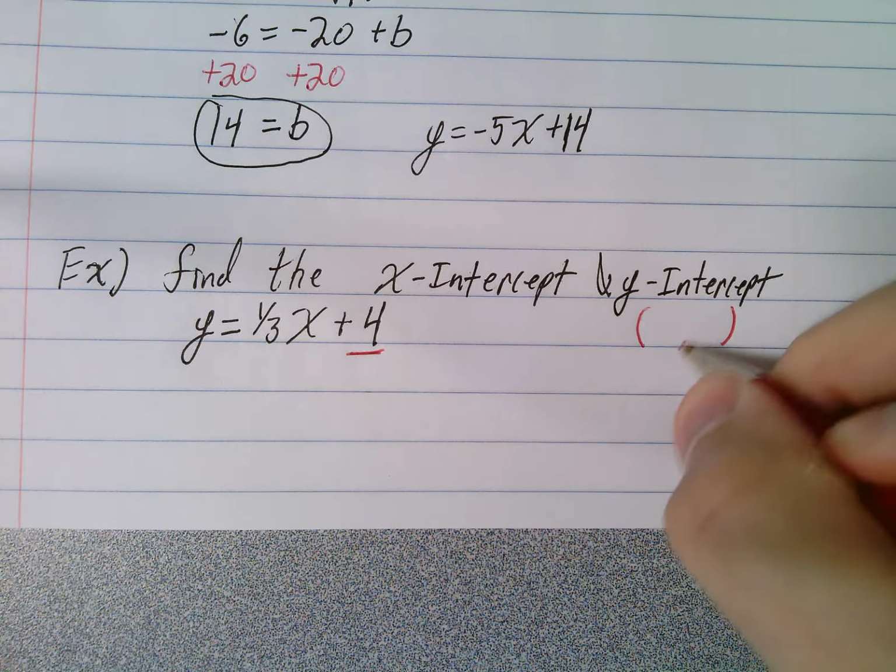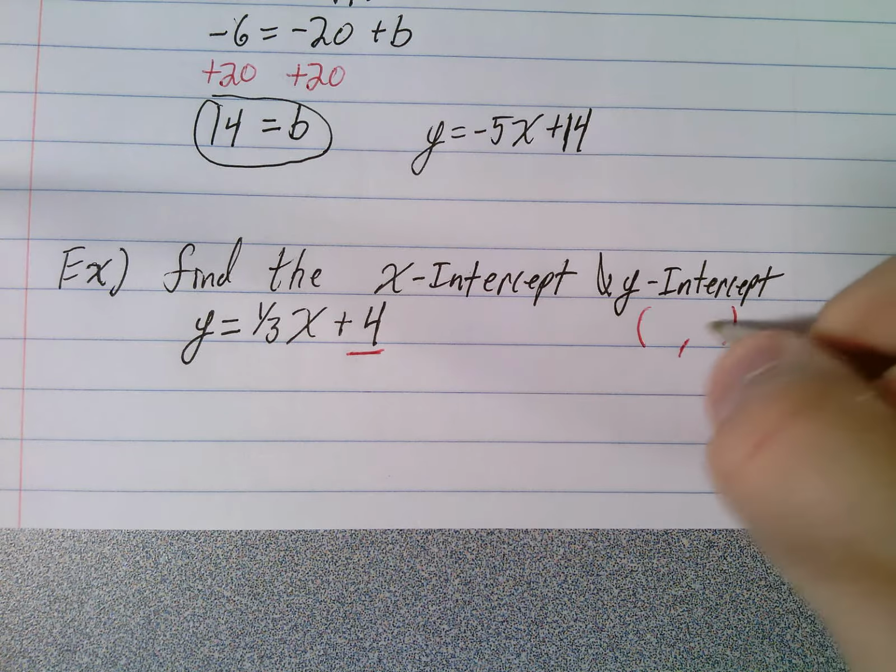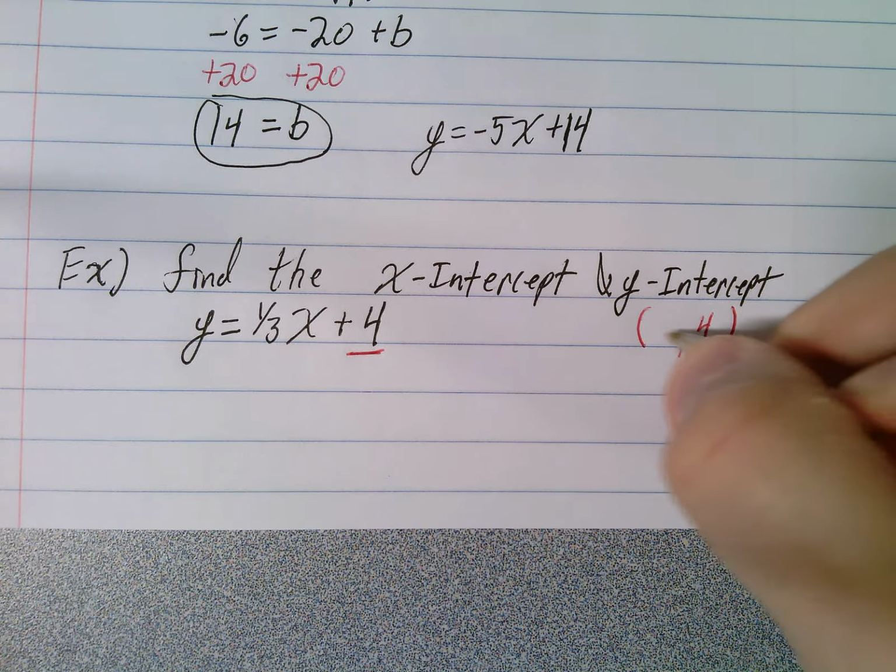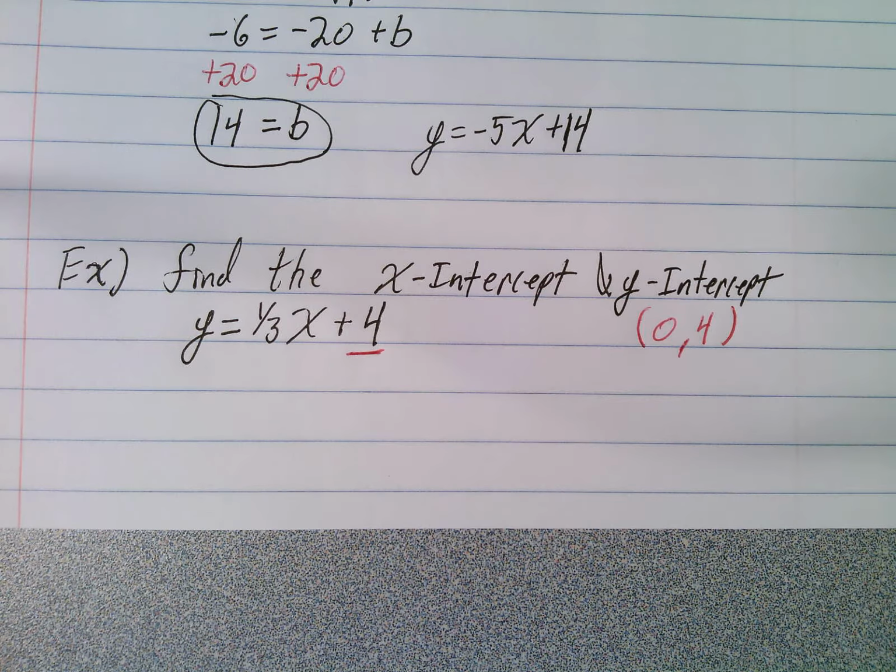What is the point? Where is it? It's at 4, but is that my x or my y value? Y. So my x value is 0. Okay, that's the point of it. How would I find my x-intercept? Yeah, good. I'm going to plug in 0 for which one?